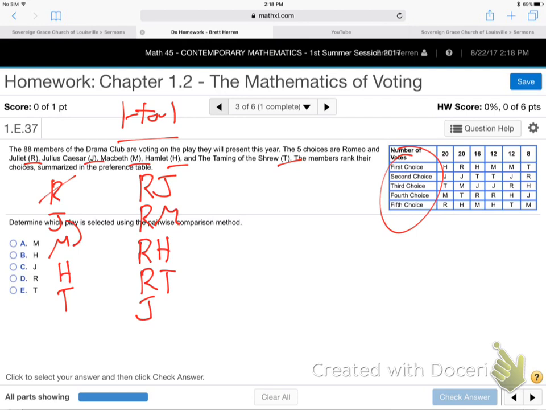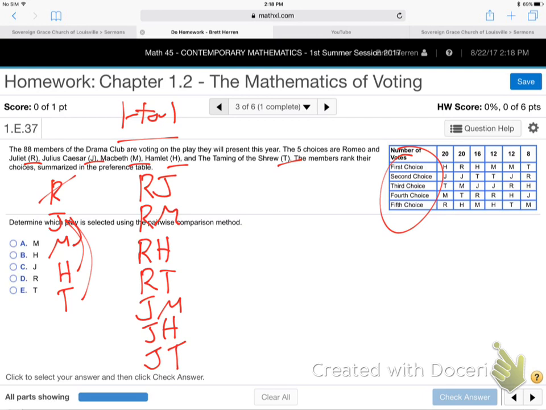So J, M, J, H, J, T. Everybody see that? I just went down the line. Y'all with me? Is this making some sense? So what I'm doing is the one-to-one matchup thing we just did on the last one with A, B, C, D, kind of like a round-robin tennis tournament. What we're voting on here is what book people like best in their drama class, right? So there's Romeo and Juliet. These letters represent different books.